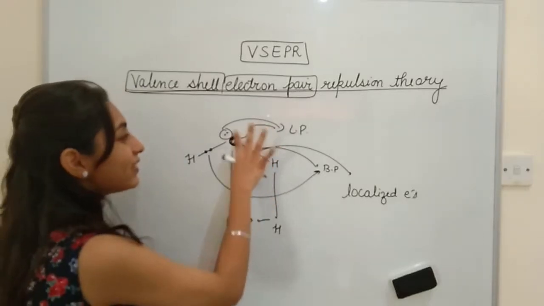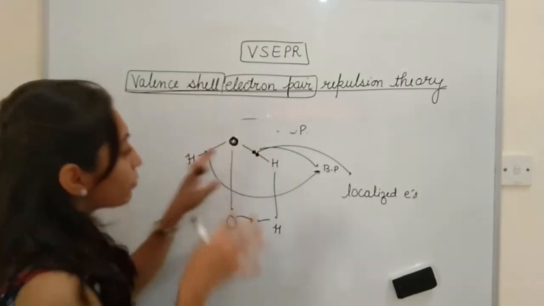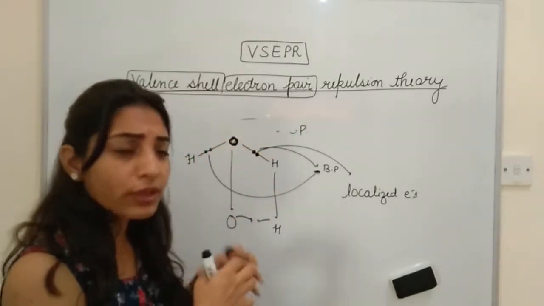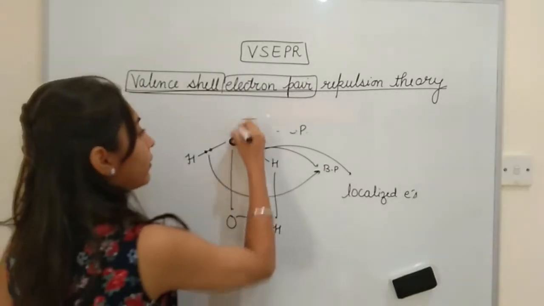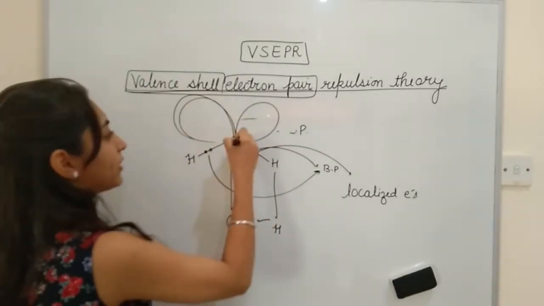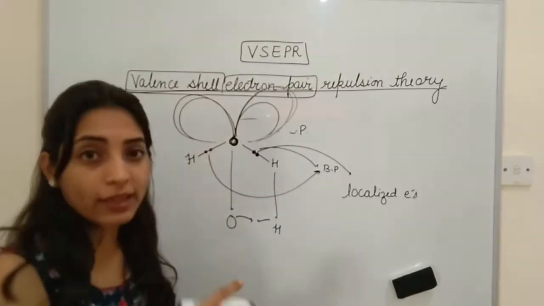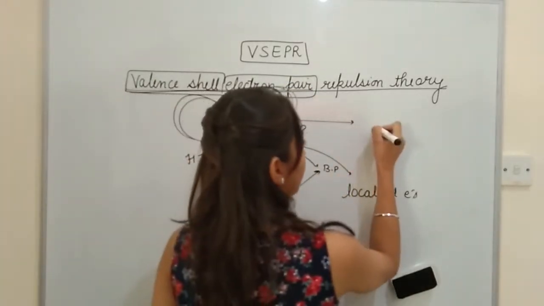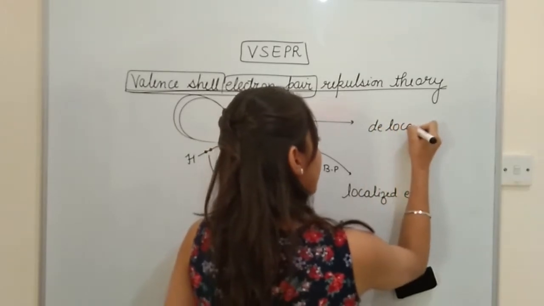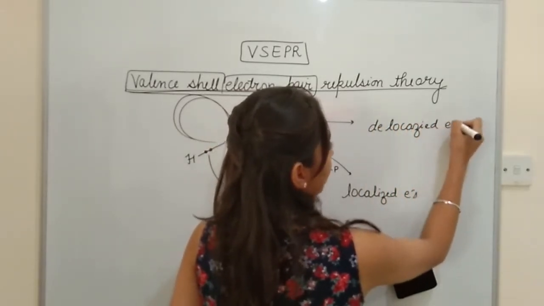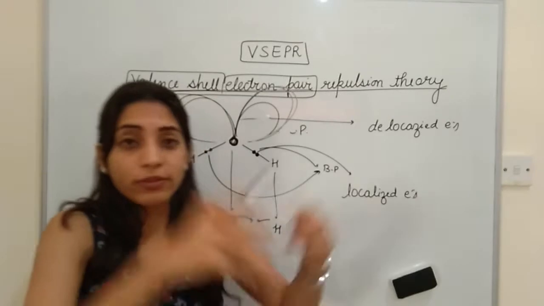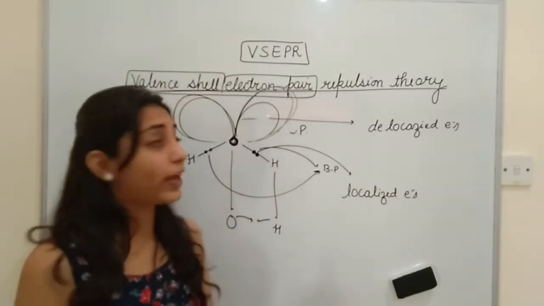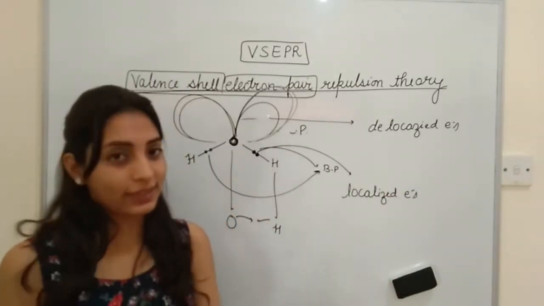Now since this is more free because only one oxygen is having a hold, not the other atom, they try to expand. They take more area, they occupy more volume. And that is the reason we call them delocalized electrons, which have occupied a larger volume. That is what is said to be delocalized electrons.